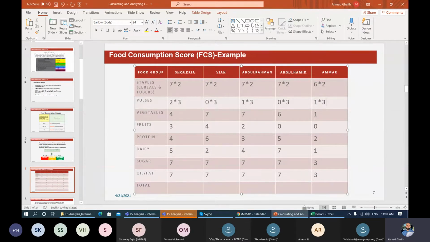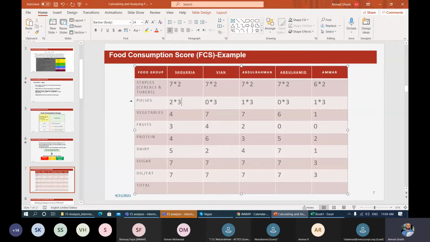So as you can see, this group will drop out for Vian and Abdul Hamid, because you ate 0 days, you're not going to get anything from this. But here we have now 6.